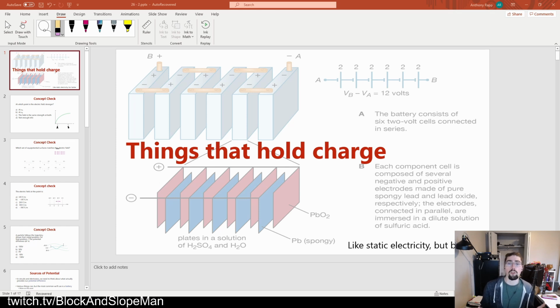We divide by Q2 and we get field and potential instead of force and energy. So today we're going to continue that a little bit, but most of our interest is actually going to be towards capacitors, devices which use that electric potential in some way or another to store charge. But before that, let's go ahead and dig into a few concept checks covering a lot of material from last time.